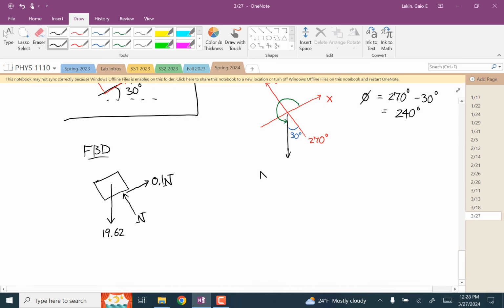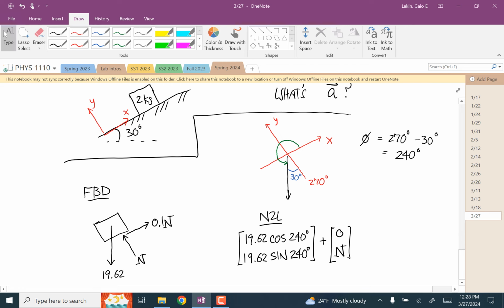So now we can write out Newton's second law. The weight force is 19.62 times the cosine of 240, 19.62 times the sine of 240. Plus the normal force in the y direction. Plus the friction force in the positive x direction, if you look at the direction of the coordinate axes.